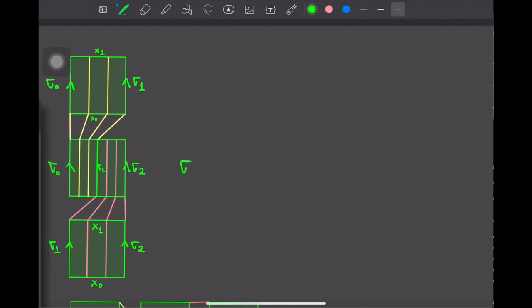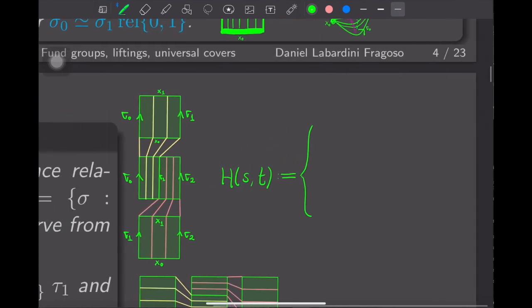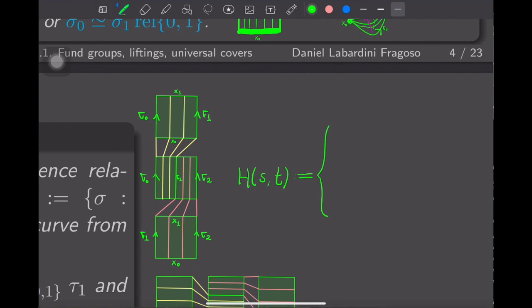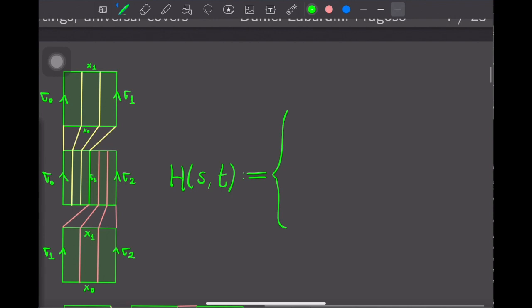So H of S, T. Remember that the first coordinate is time, the time through which I'm deforming the curves, and so I have two situations: before time 1/2 and after time 1/2.